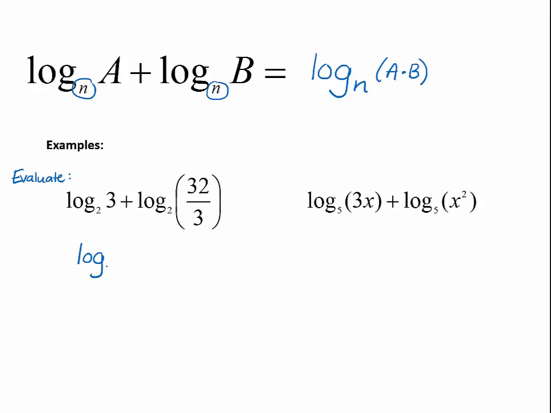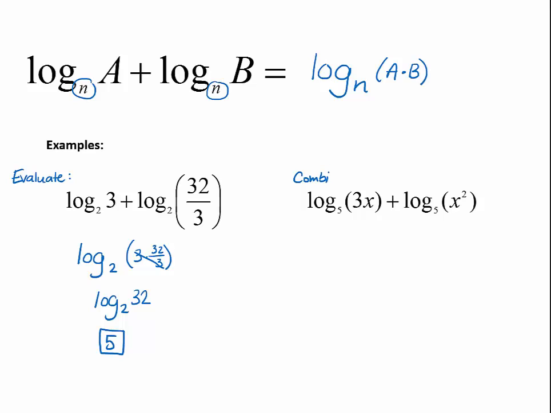That would be log base 2 of 3 times 32 over 3. Oh, and then those 3's would cancel, and we would get log base 2 of 32. So now the question is, what exponent do I put on 2 to get 32? Oh, the answer is 5. So I was able to evaluate this by adding the logs together, although individually I wouldn't have been able to do that.